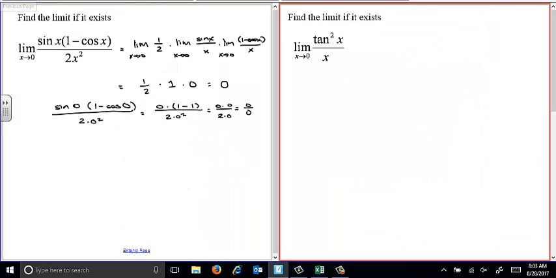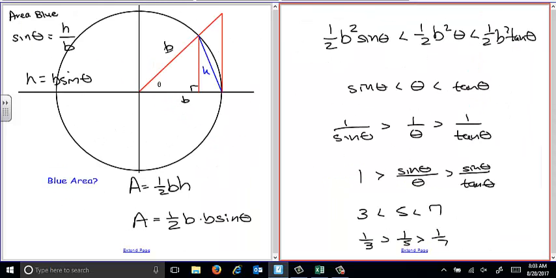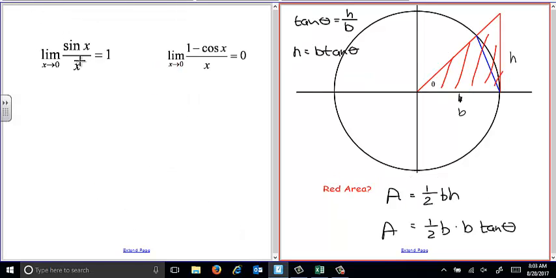So we had the two squeeze theorem results. We proved one of them, which is this one, by using a circle of radius b, and making 2 triangles and a sector of a circle.